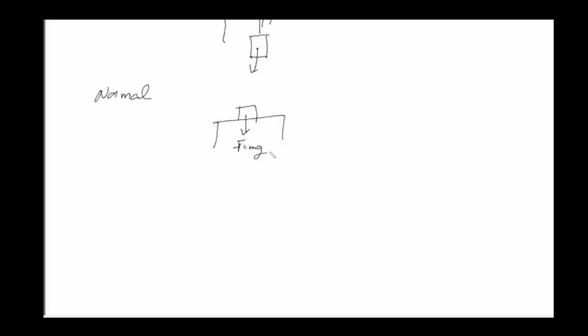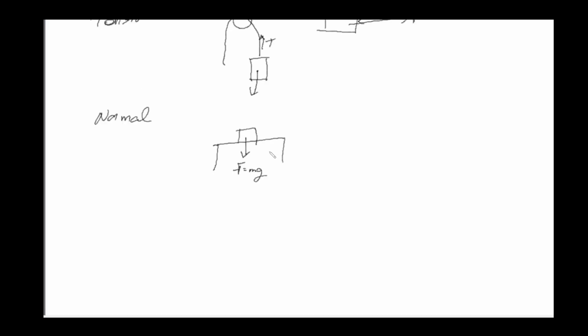But the table doesn't collapse. The weight doesn't go through the table. So since it's motionless, there has to be a balancing force, and we call that the normal force. And that force is perpendicular to the surface of the table.